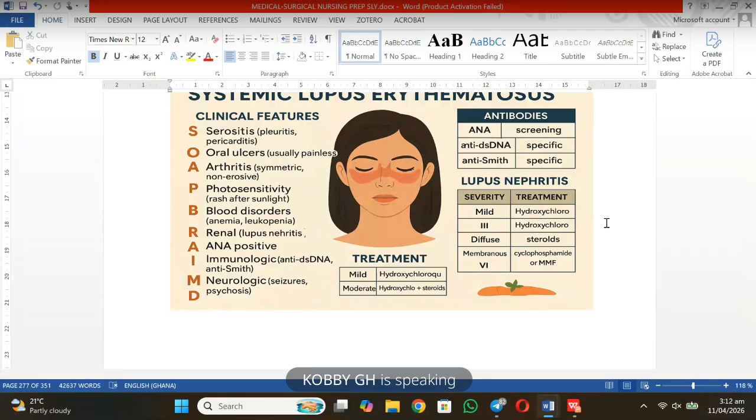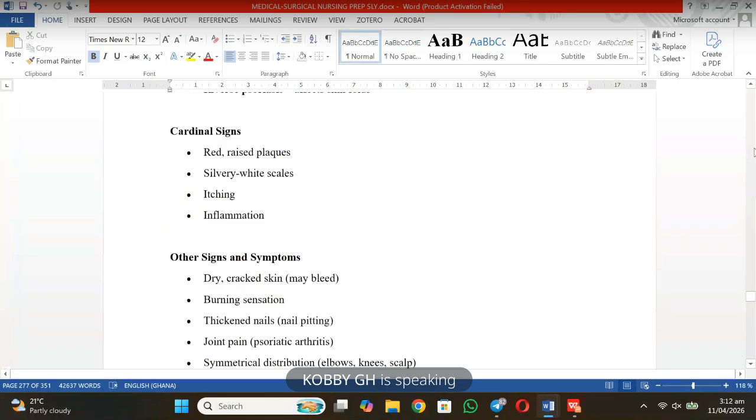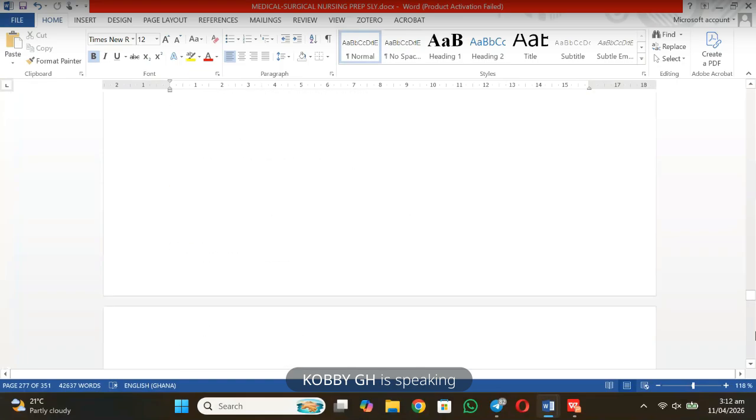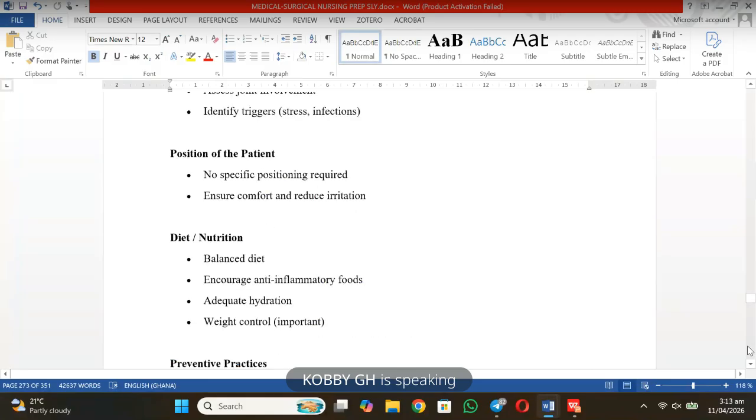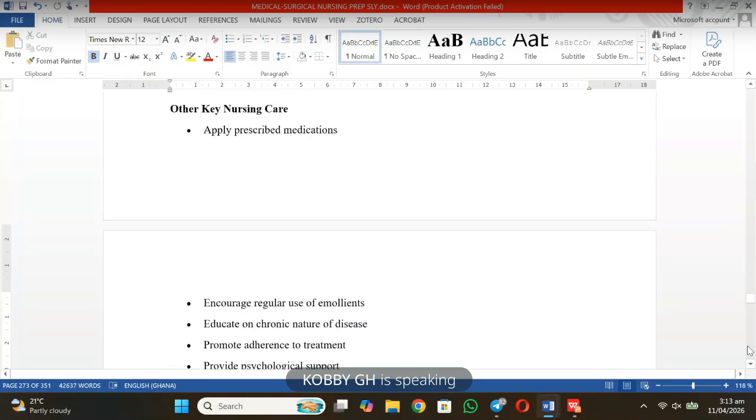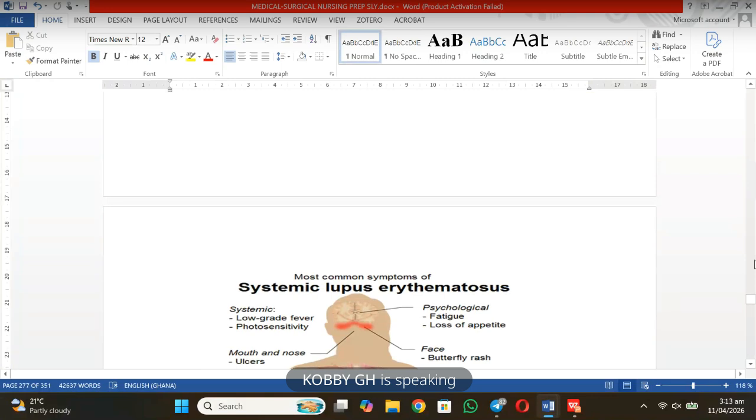It's the same thing. Remember, this is also an autoimmune disease. The difference between this and psoriasis is that psoriasis usually manifests in the skin tissues alone. But lupus, apart from the manifestation in the skin, also affects other organs in the body.